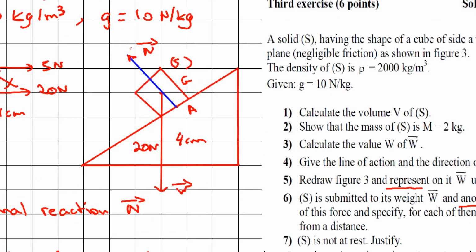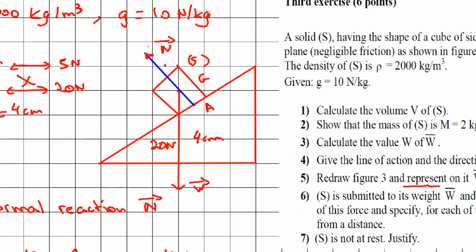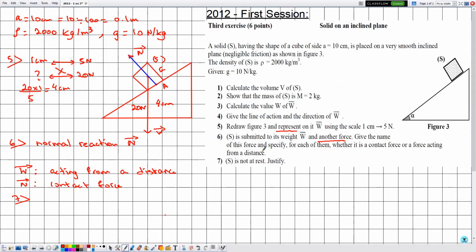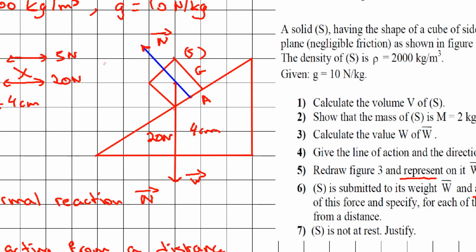Notice that here I have represented N without using a scale. Now in order for the solid S to be at equilibrium while subjected to 2 forces, both forces must have the same line of action, opposite direction, and same magnitude. But notice that here the line of action of the weight W is vertical, whereas the line of action of the normal reaction N is oblique.